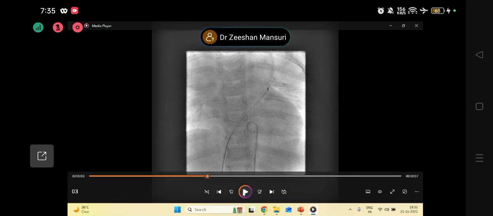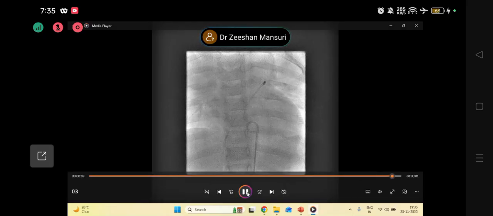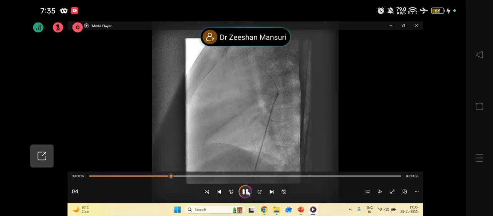So this is how you cross it, either JR or MPA catheter. You put it in the main pulmonary artery and you try and cross with the straight tip Teflon or straight tip thermowire, and it should go in the direction of the pigtail, straight into the aorta. If it does not, then as we did in this case, we try and cross it from the opposite side. We crossed it from the pulmonary side and then we snared it.